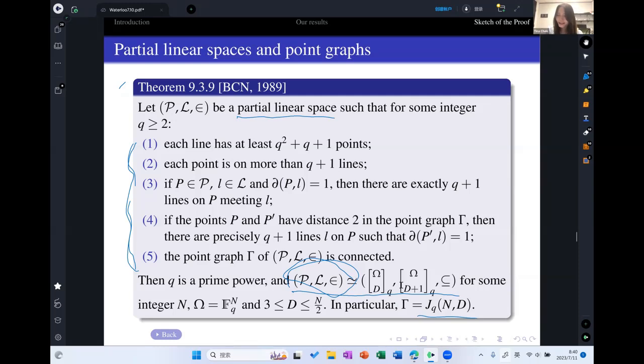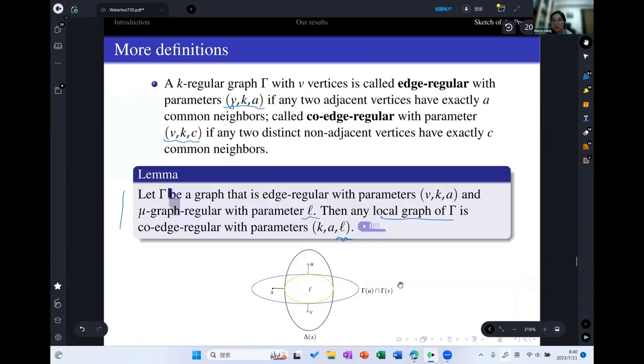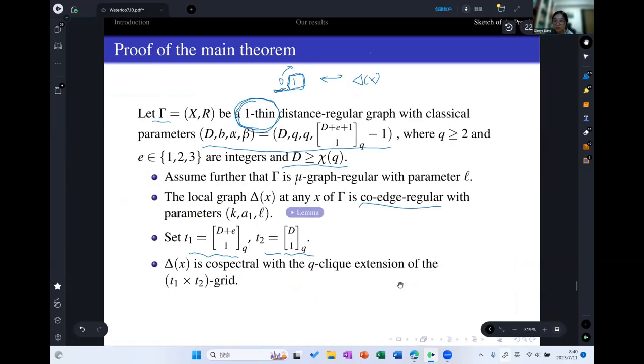Okay, so any other questions? Well, do you think you will be able to remove the bounds on the diameter with more work?